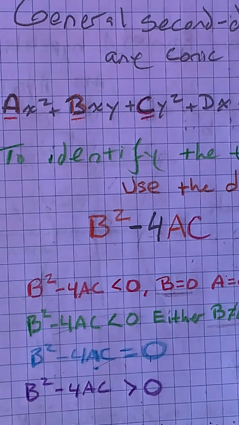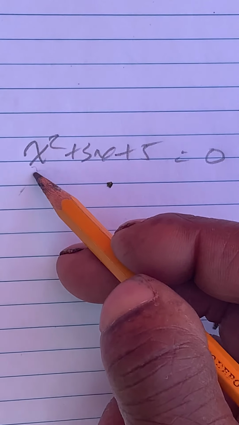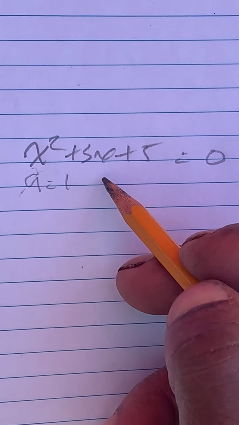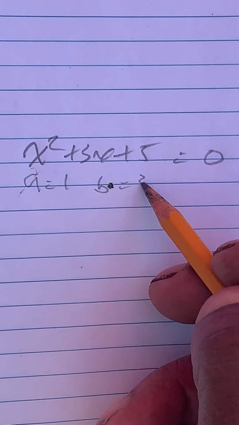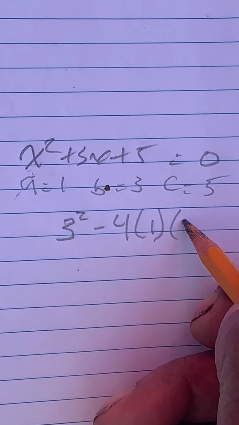You might recall that if you had, say, x squared plus 3x plus 5 equals 0, we could use our discriminant. A would be 1, B would be 3, and C would be 5. And we go 3 squared minus 4 times 1 times 5.